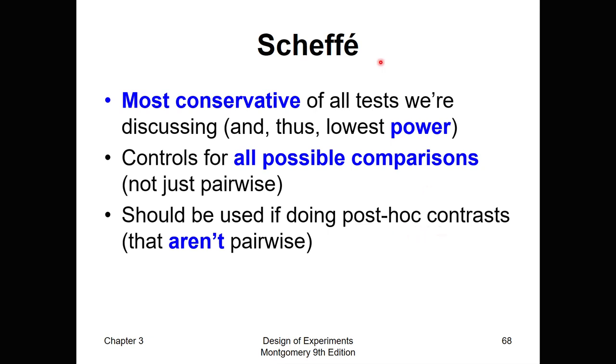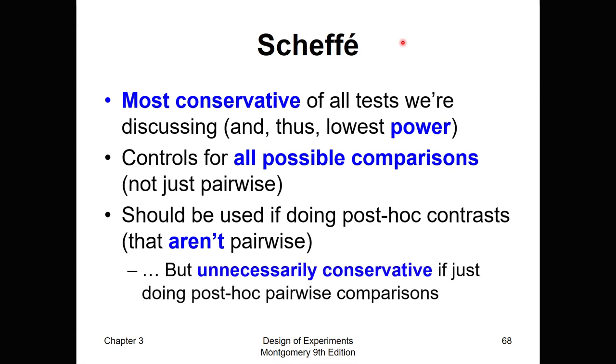But if you didn't plan it and you're just kind of hunting for stuff, then you use Scheffé's. And again, this is very, very, very conservative. If you're just using it for regular post hoc pairwise comparisons, you'd much rather use Tukey because it does account for the multiple comparisons problem, unlike the LSD. It's not overly conservative like Bonferroni and Scheffé's. But if you're doing the contrast, you really should be using Scheffé's method.